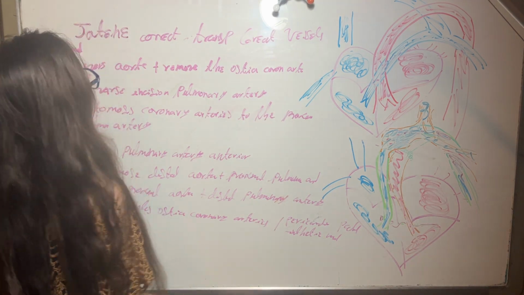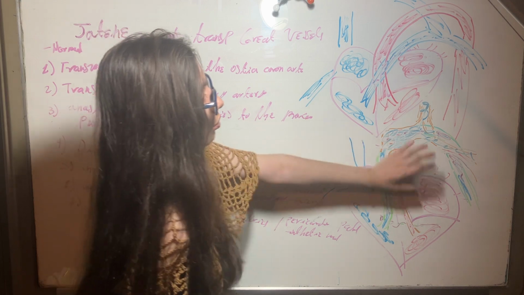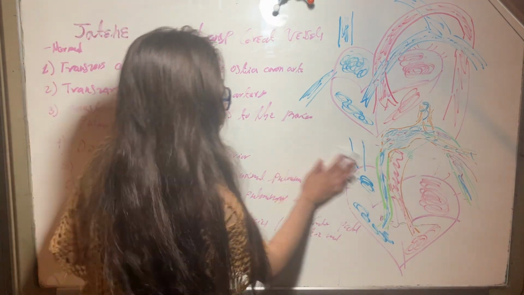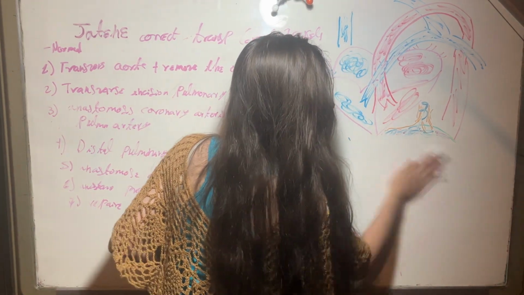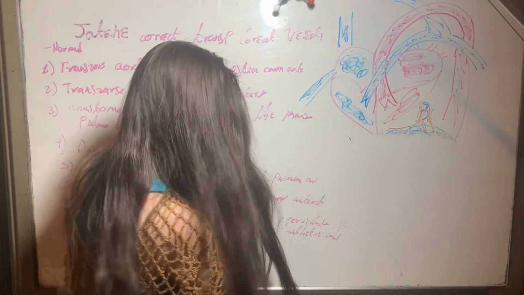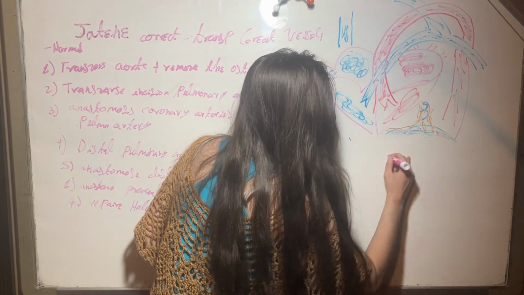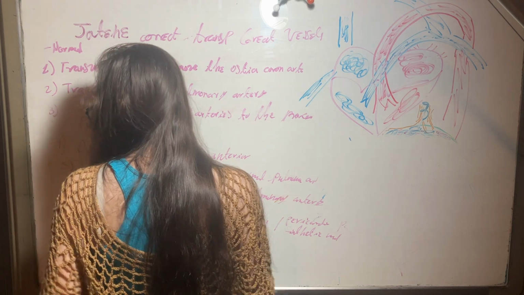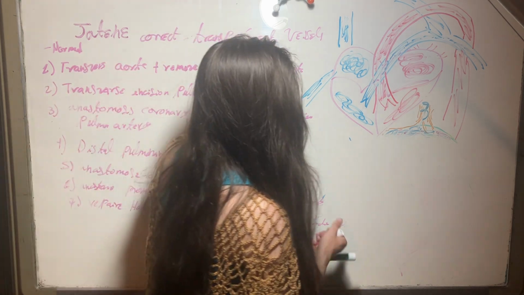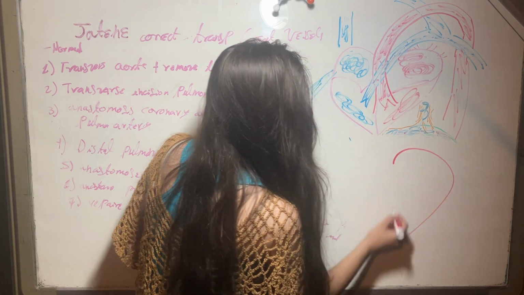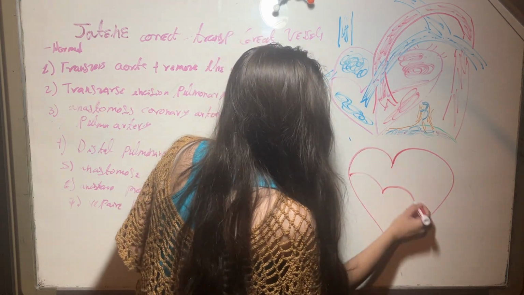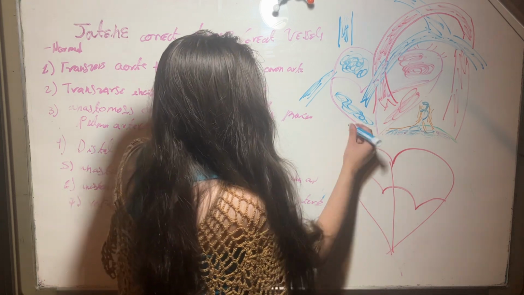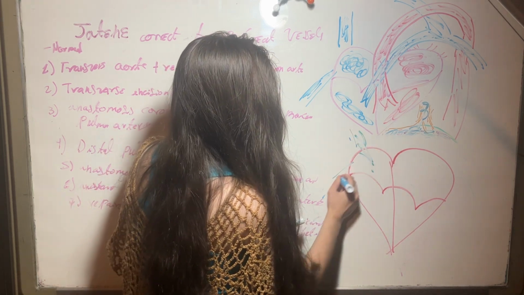So this is the Jatene procedure to correct the transposition of the great vessels, and this ends with the heart like I just mentioned before, like this. So we have blood coming from the superior and inferior vena cava.